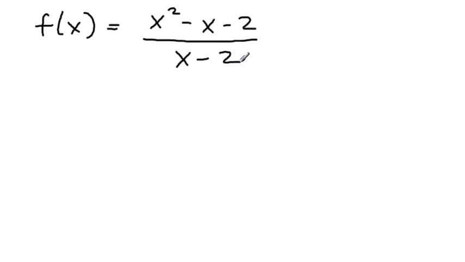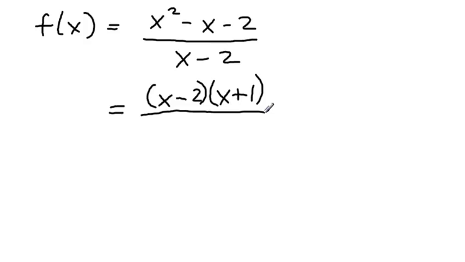It's still in a standard quadratic form. So if we factor this out, we're going to have x's here, and then we will have minus 2 plus 1. Now, is the denominator already factored out? Well, can't really factor it because it's linear, not quadratic. So we'll just leave it as x minus 2.